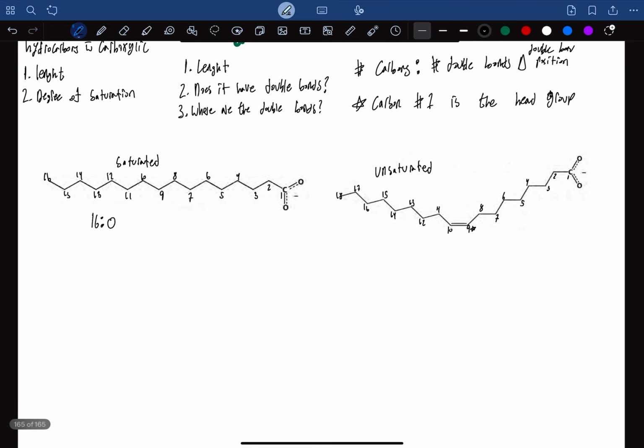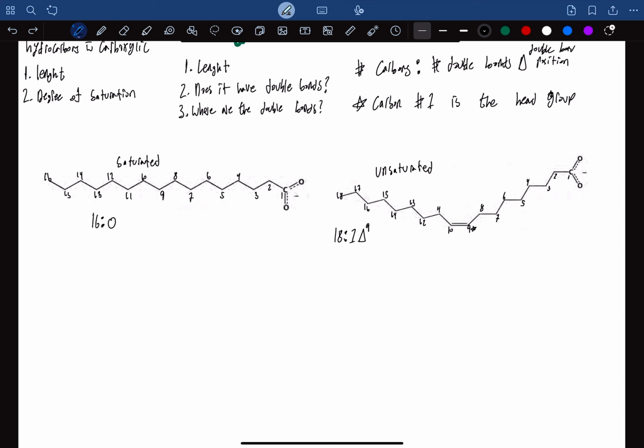We start off with the number of carbons, so there's 18, colon. How many double bonds does it have? It just has 1 here. And then the position of this double bond is the 9th one. Let's just say there was another double bond here. Then we just put a bracket, a comma, and then 15. But there's not, so that's just in case it has 2, and then obviously we put 2 here instead.